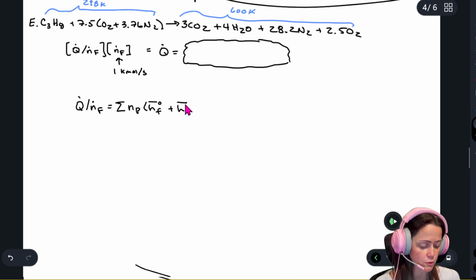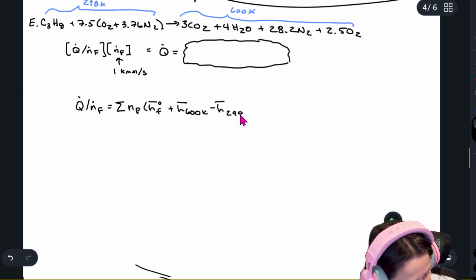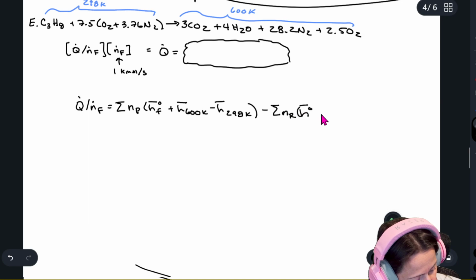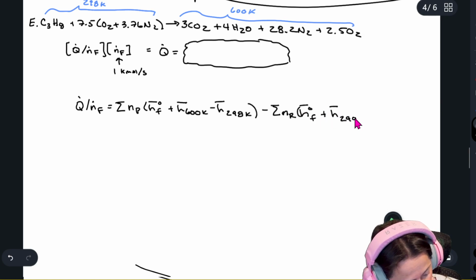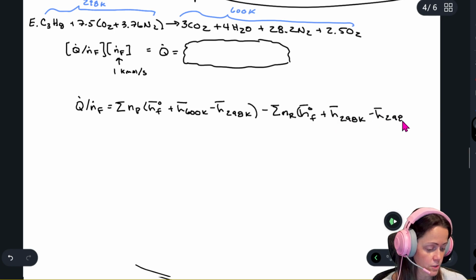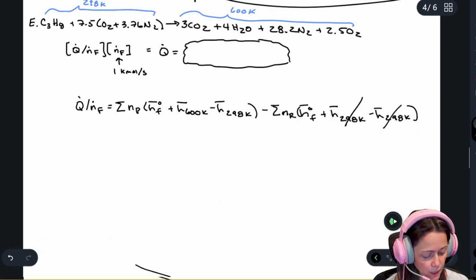So I've got enthalpy of formation plus the enthalpy at the temperature they're coming out at, 600 Kelvin, minus the enthalpy at standard reference state, minus the number of moles of reactant times enthalpy of formation plus enthalpy at the temperature those reactants are coming in at, which is 298, minus the enthalpy at standard reference state, which is also 298. Super convenient, so those guys go away.